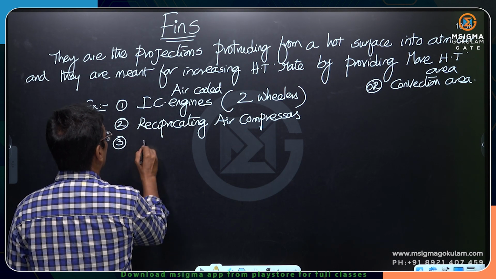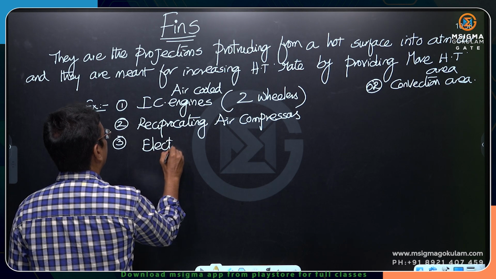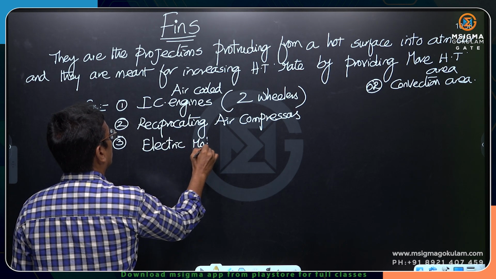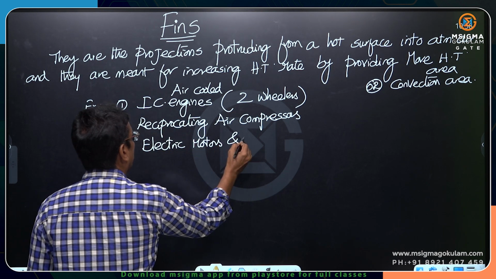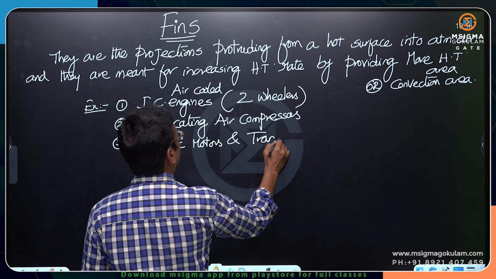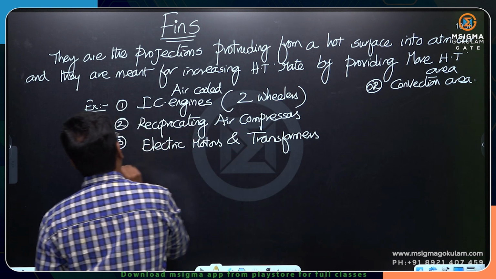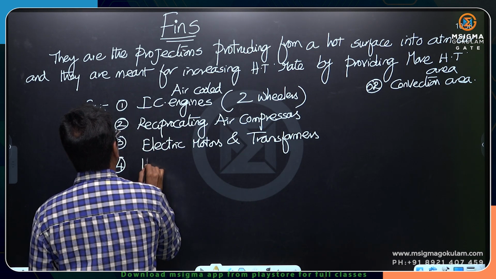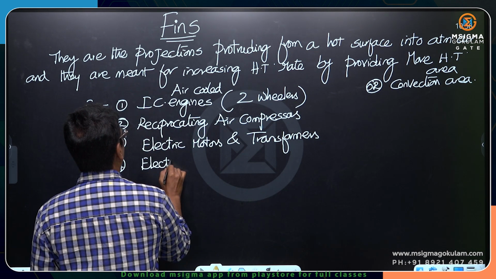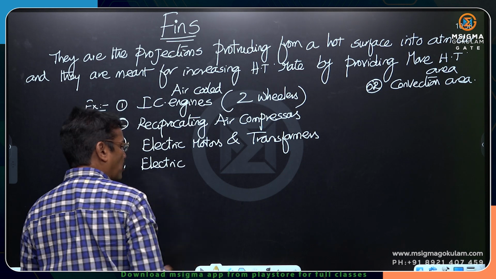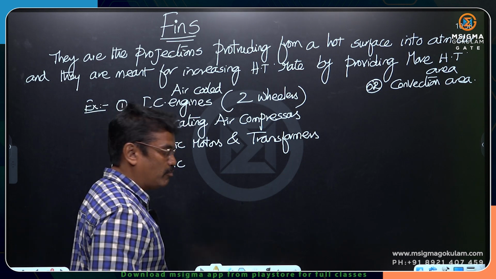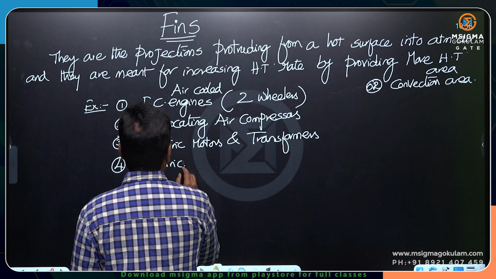And electric motors and transformers. Electric motors require cooling and electric transformers require cooling. Electronic devices in your CPU, the central processing unit of the desktop computer system.